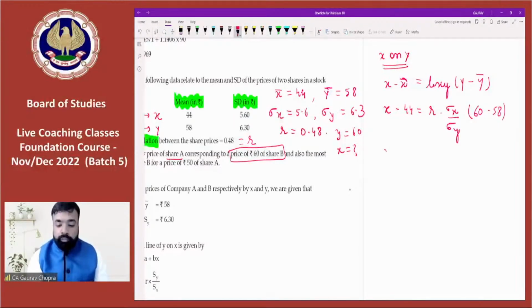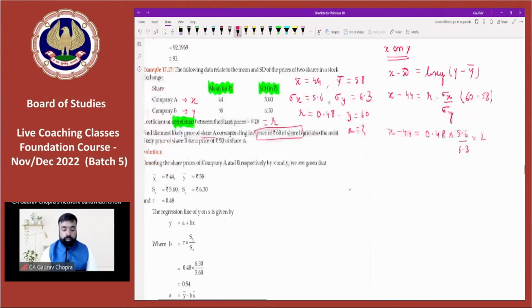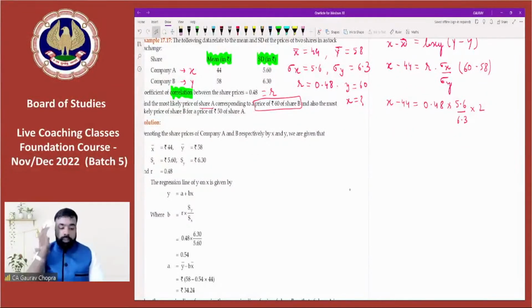So let us put the values. R is 0.48, sigma X is 5.6, and sigma Y is 6.3, multiplied by 2. Now let us solve and get the result. Let's see how much we are getting.